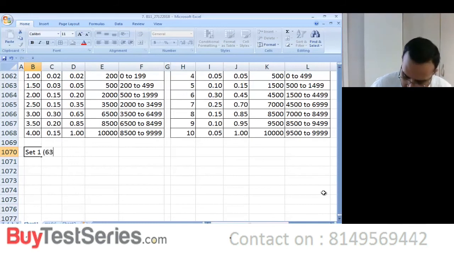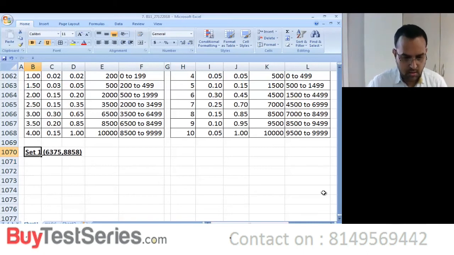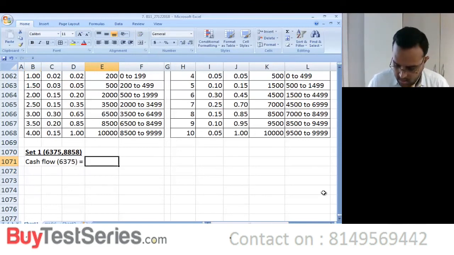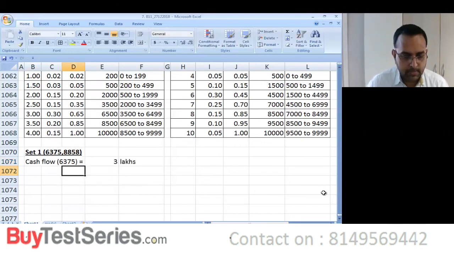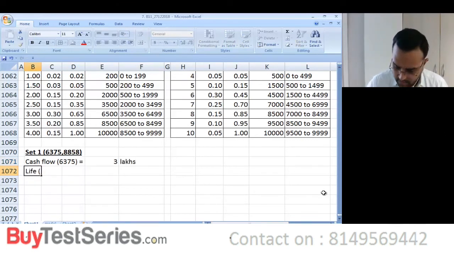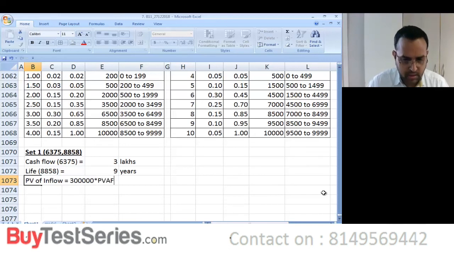Set 1, 6375, 8858. Cash flow: 6375 is 3 lakhs. Life: 8858 is 9 years. Present value of inflow equals 3 lakhs into present value annuity factor, 11%, 9 years.